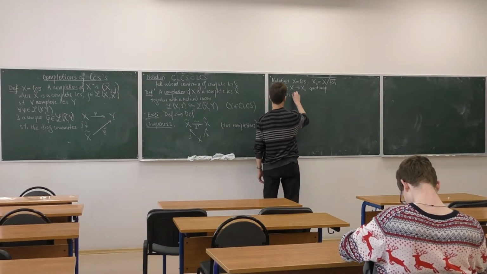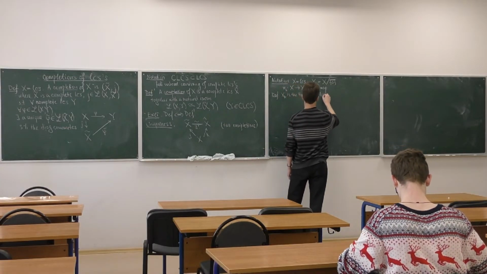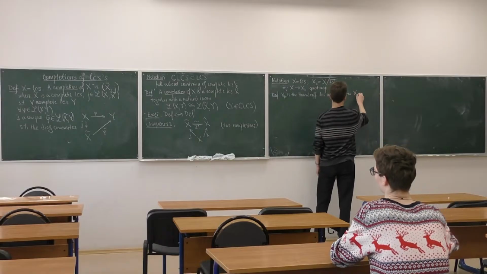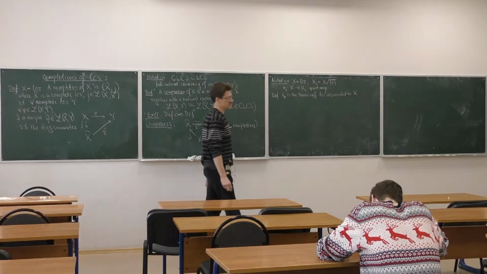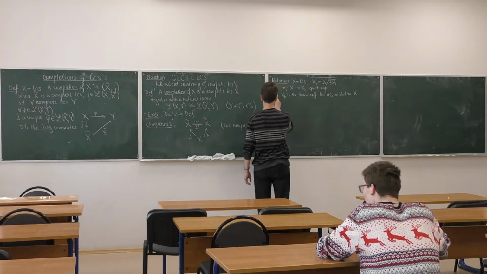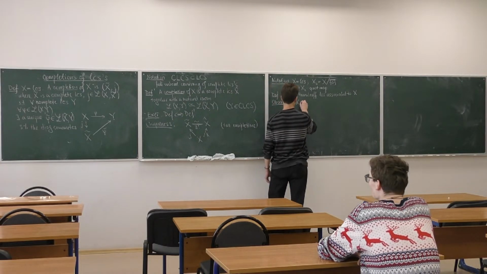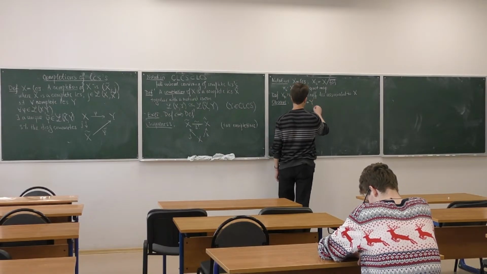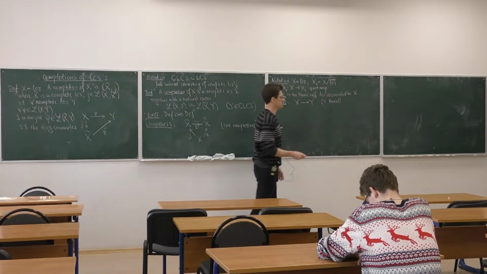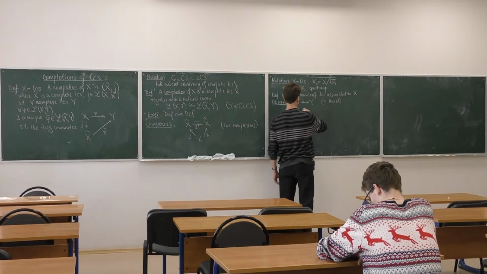XH is the Hausdorff locally convex space associated to X. And it's a simple observation that this space XH has the following obvious universal property. Let's observe that if we have a continuous linear map from X to a Hausdorff locally convex space Y, then this map uniquely factorizes through XH.